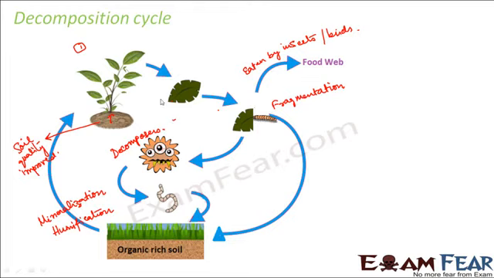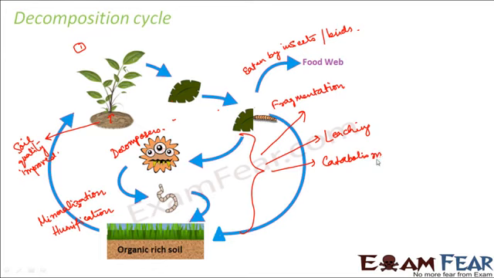So here what do we see? When the plants die or when the leaves fall off, they are either eaten by insects or birds, and that's how they enter into the food web, or they undergo fragmentation, leaching, and catabolism under the action of the decomposers and the detritivores. So first takes place fragmentation, followed by leaching, which in turn is followed by catabolism, and then this is finally followed by mineralization and humification.